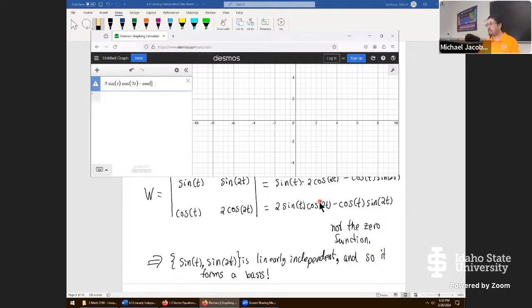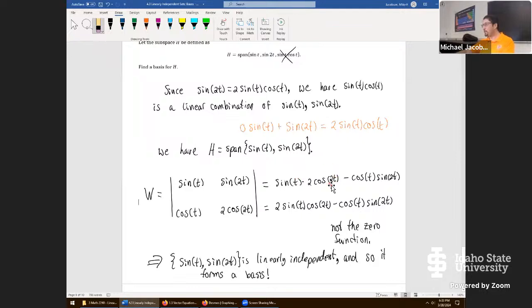So let's go minus cosine t sine 2t. We're going to plot it, and that's an interesting shape, but it's not the zero function, thank goodness. So if it's not the zero function, we're still in better shape. But thanks for spotting that. That was a weird omission, I think it was a mistake, like here, here, and maybe here.